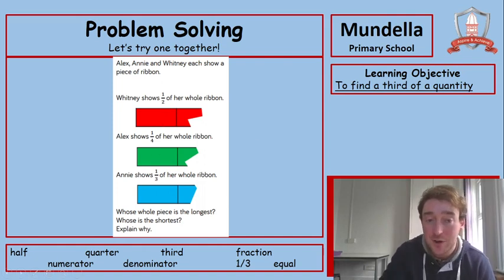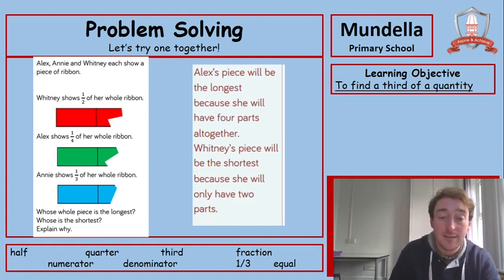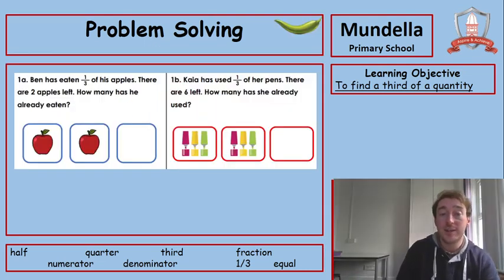Let's have a look how I would write this. Alex's piece will be the longest because she will have 4 parts altogether. Whitney's piece will be the shortest because she will have only 2 parts. Okay. If you want to try the green chili problem solving questions, pause the video now.